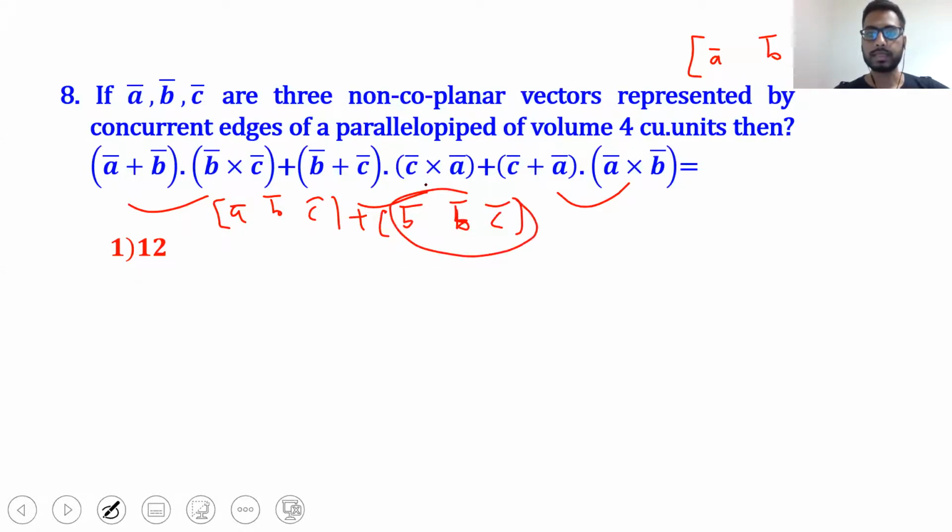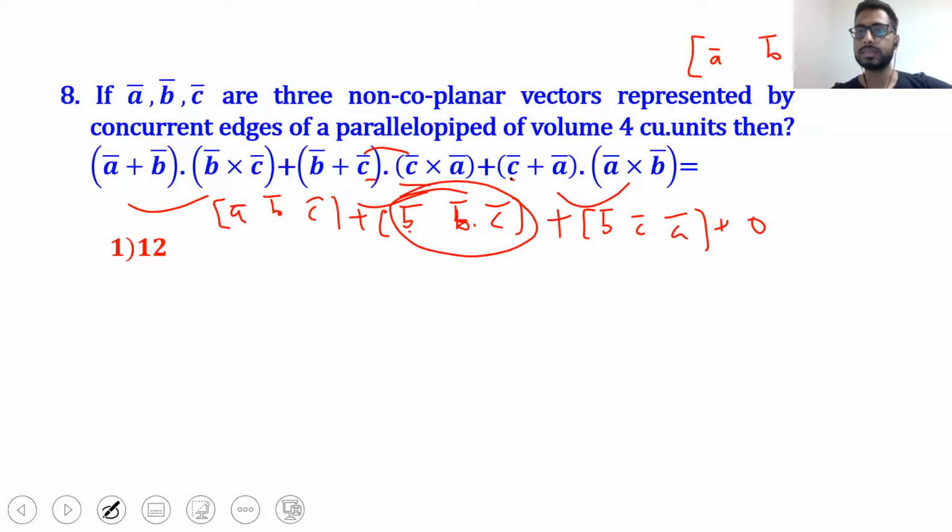Value of this bracket is going to be 0 as two rows are the same. Let's expand these two. So this is going to be BCA plus CCA. And what is CCA going to be? 0, because C and C are two equal rows, and for two equal rows the answer is 0.